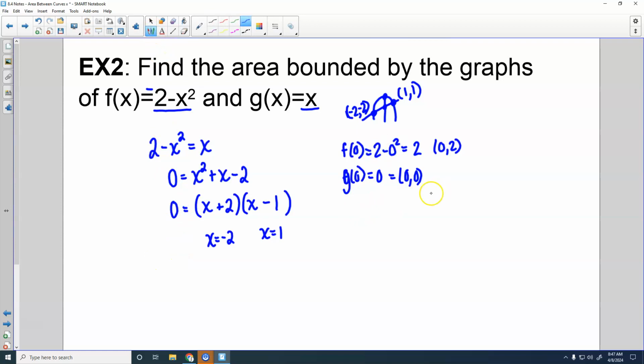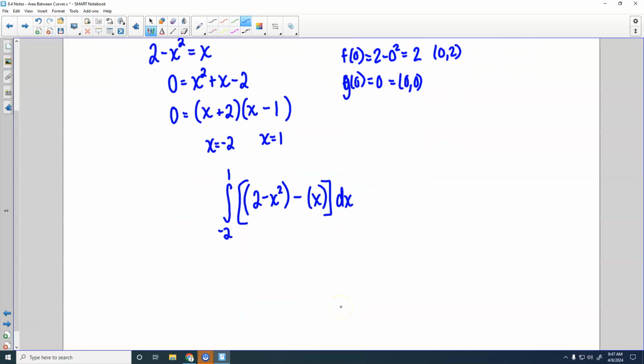Okay, so f is my top function, so I need to integrate from -2 to 1, because those are my intersection points. And I'm going to go ahead and put them together this time. I'm going to integrate from -2 to 1, and I'm going to do f of x, which is 2 minus x squared, minus g of x, which is just x, and then I'm going to put the dx on the end for that.